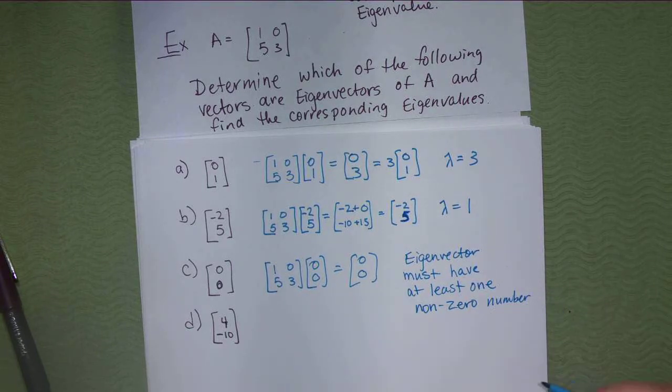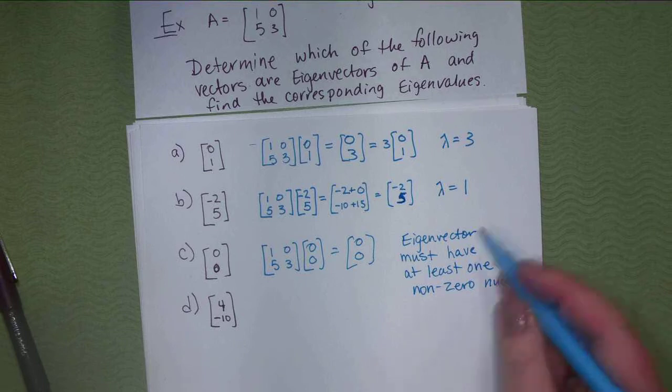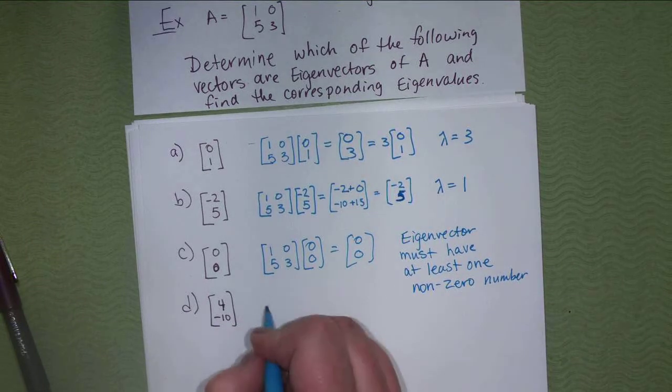We say if a matrix or a vector has one non-zero number, it is a non-zero vector. Okay, what about this one?